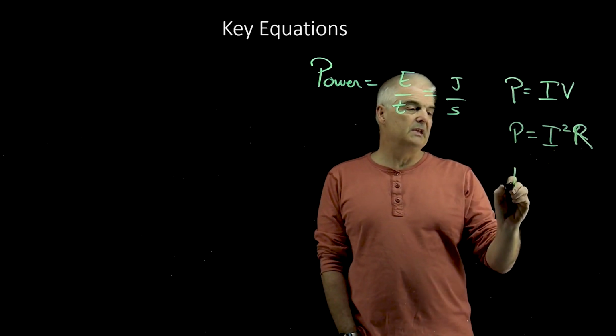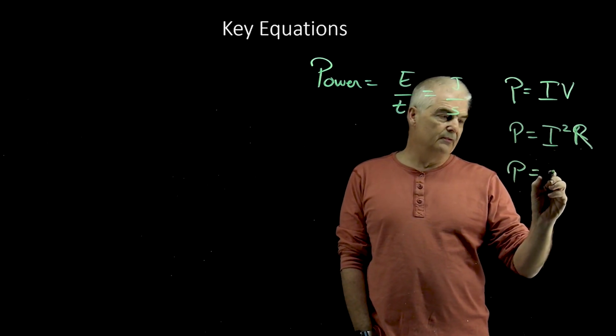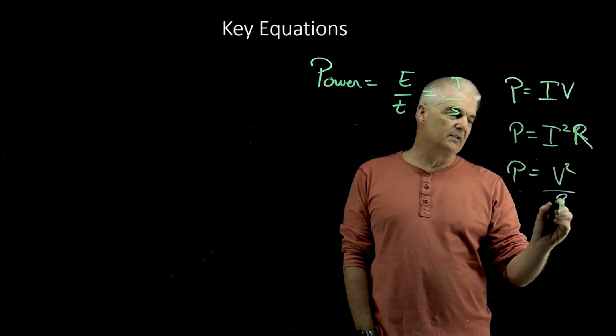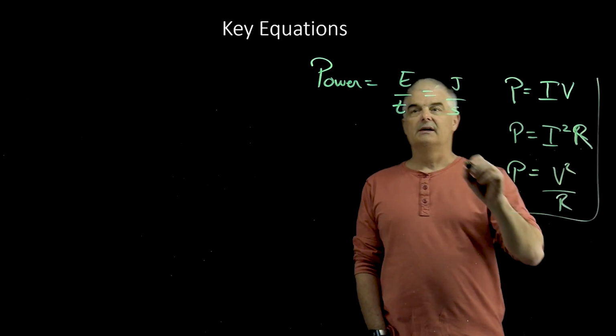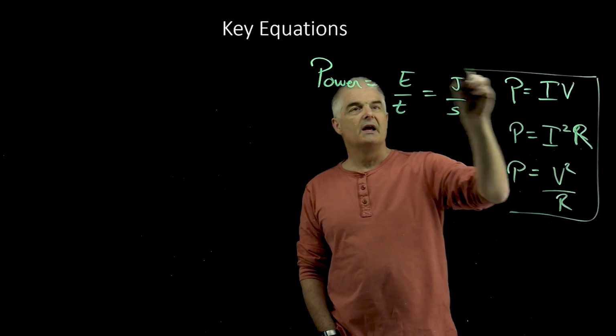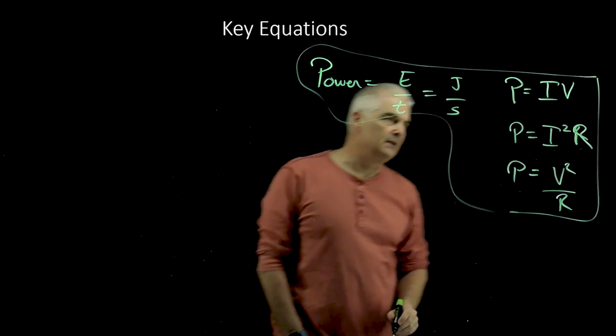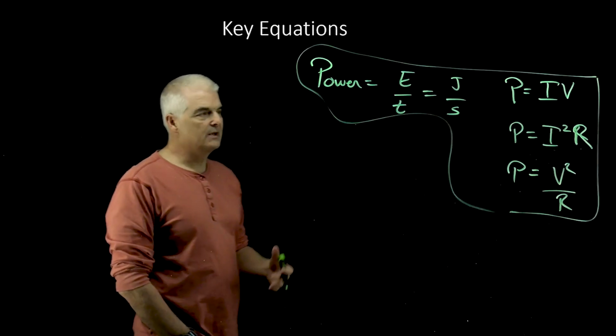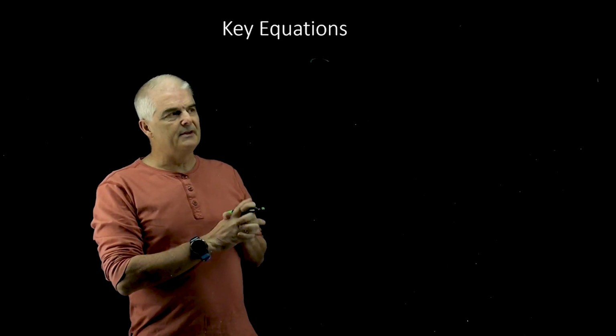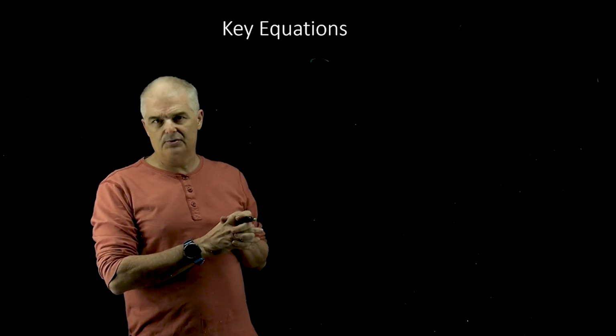And then P, lastly, is equal to V squared over R. So these three equations, actually technically these four equations, help you to solve a lot of problems when you're doing these things. So let's cut to a video clip with a guy who's going to do a quick experiment.